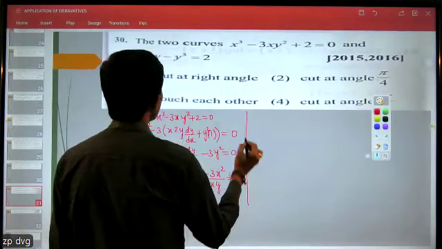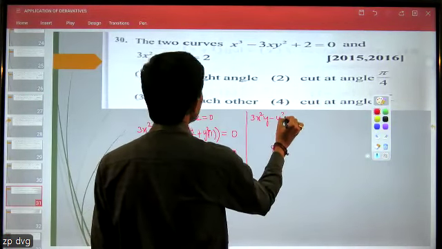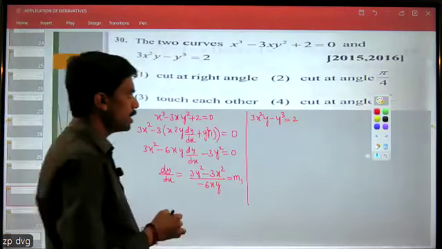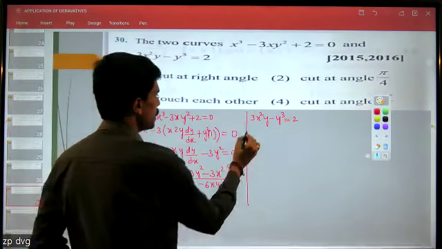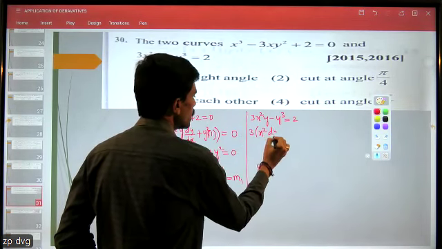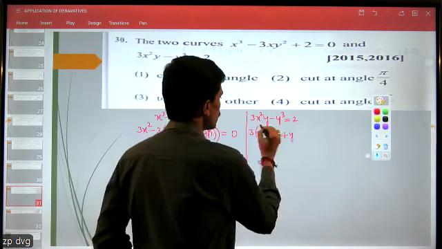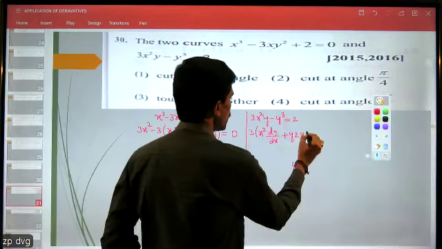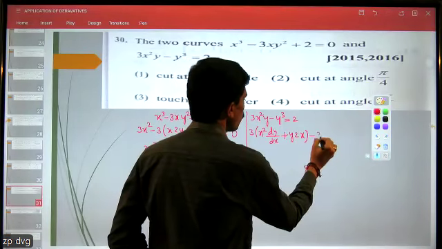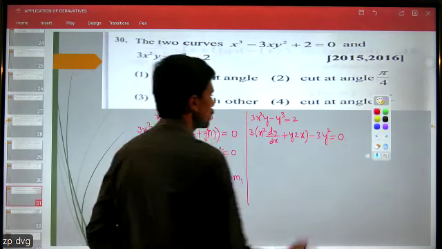Again we have to take the curve 3x square y minus y cube equal to 2. Differentiate with respect to x. We get 3 into x square, derivative of y is dy by dx, plus y into derivative of x square is 2x, minus derivative of y cube is 3y square, equal to 0.